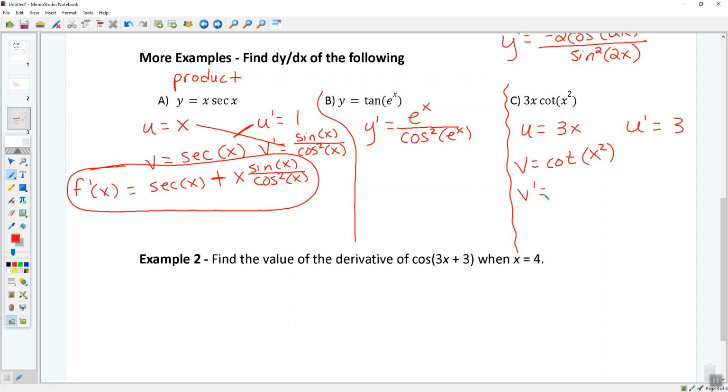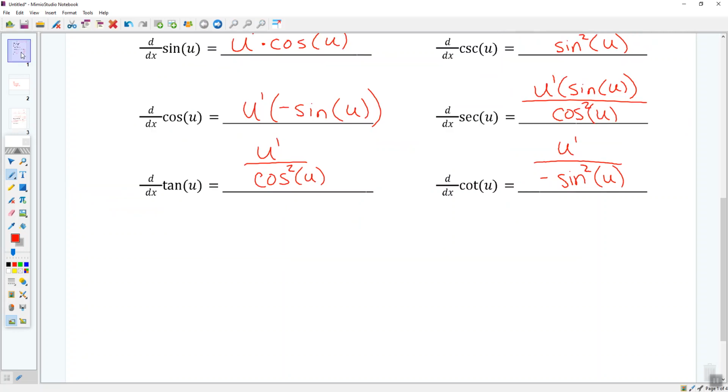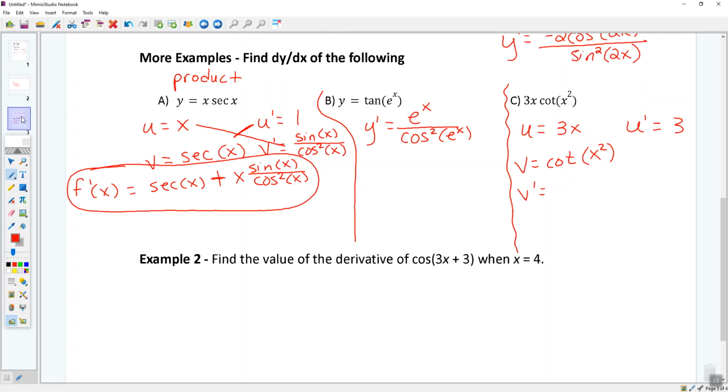So again, if I go back and look at the rule for cotangent on page 1, it's u prime over negative sine squared of u, okay. So it would be 2x over negative sine squared of, oops, x squared, right?